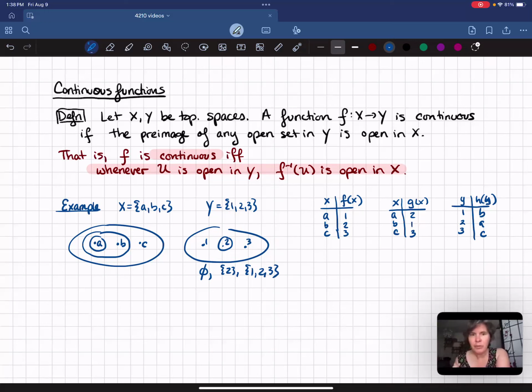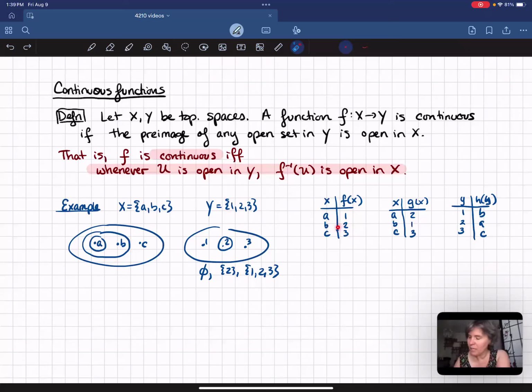The empty set we don't really ever have to check, because the pre-image of the empty set is always the empty set. So the empty set is open and its pre-image is always open. You're never going to have to think about the empty set when you're thinking about the definition of continuity. So let's think about singleton 2 and then the set 1, 2, 3. Under f, the pre-image of 1, 2, 3 is ABC, which is also open. So that one's fine. But what is the pre-image of singleton 2? If I look at the definition of f, which inputs give me an output of 2?